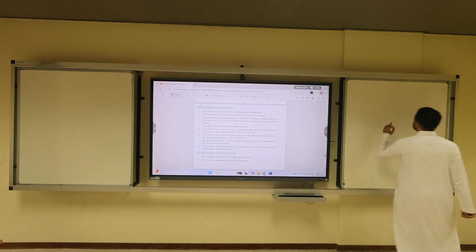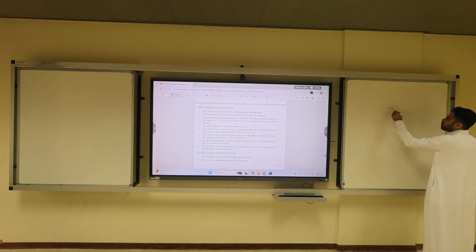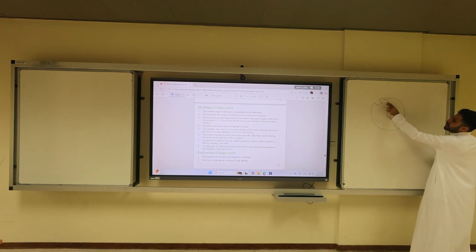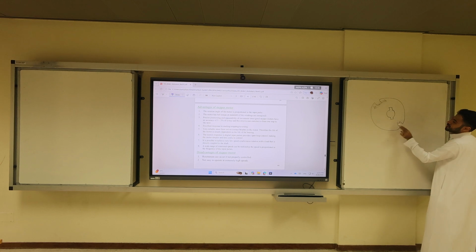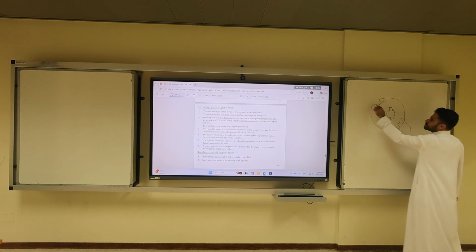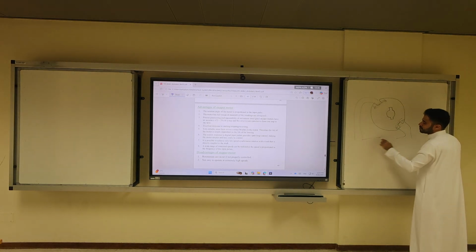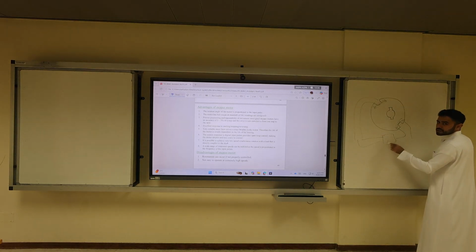Imagine if we have a 2-pole rotor, and then I have a stator that's like that. Imagine if I have a coil here, and I have a coil here, and I connect it to what? Power electronics, PE.